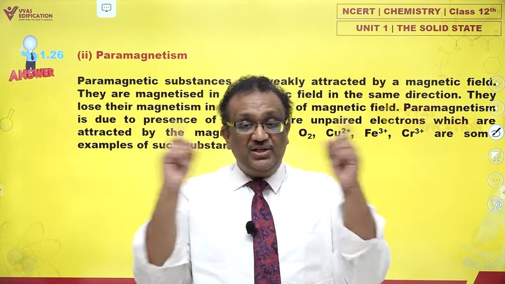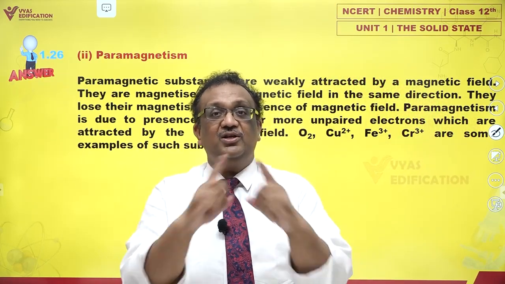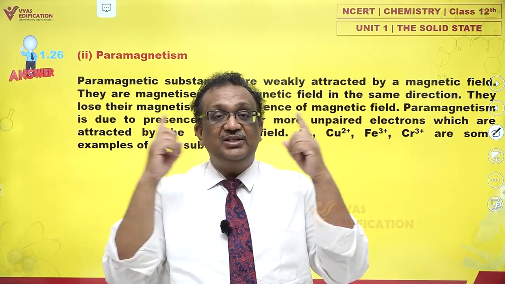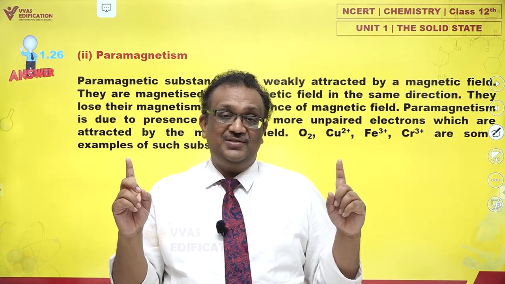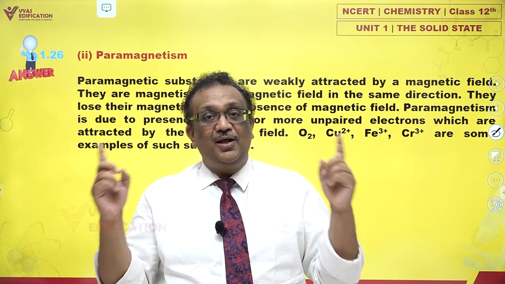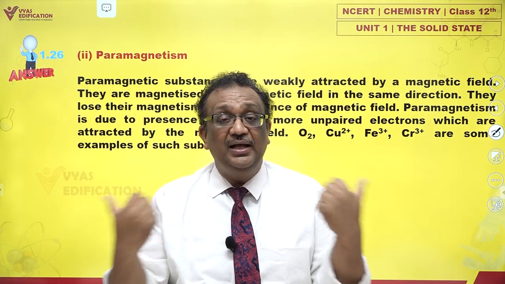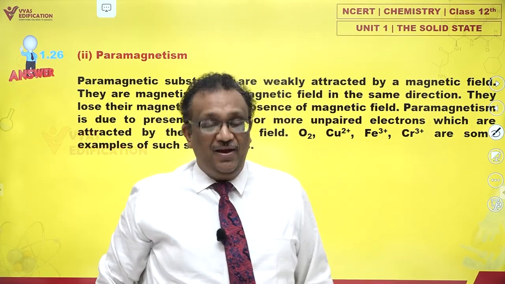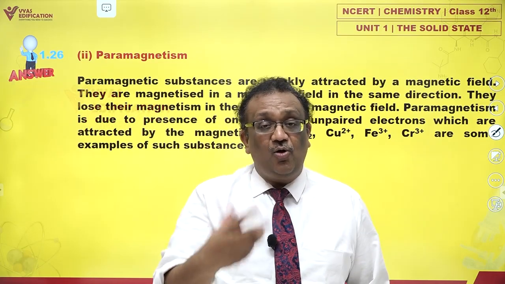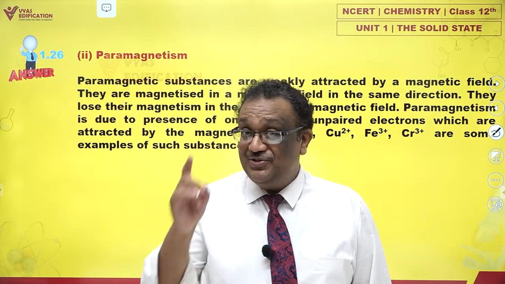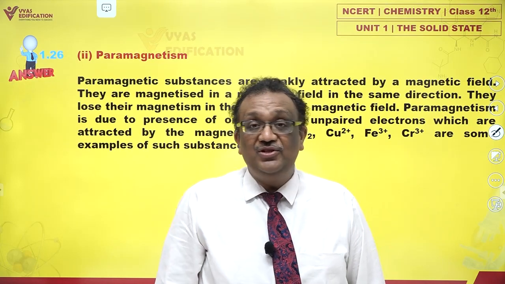Since electrons are spinning in the opposite direction, these magnetic fields can cancel if there is a pairing of electrons. If there is pairing of electrons, their magnetic fields are in opposite directions and they cancel out. But if the atom contains an electron which is unpaired, that means it has a net magnetic field which is not cancelled.